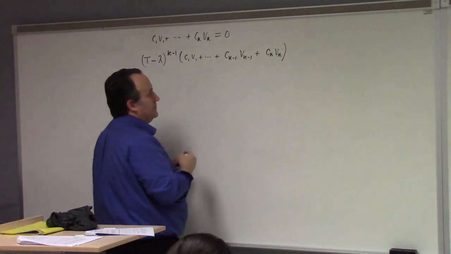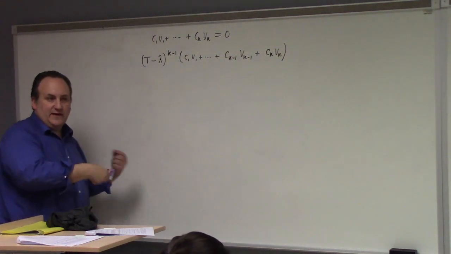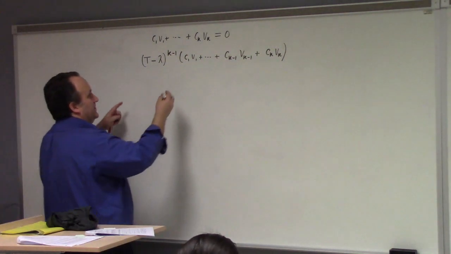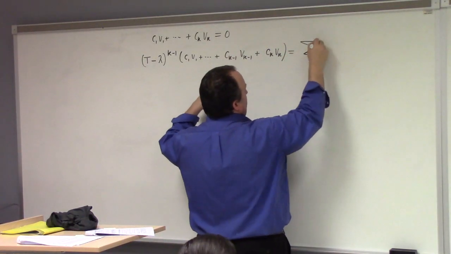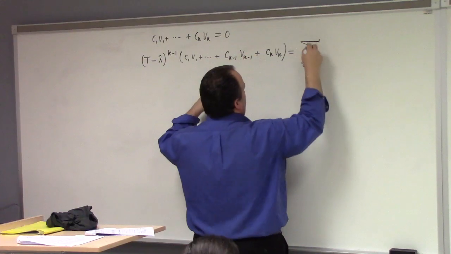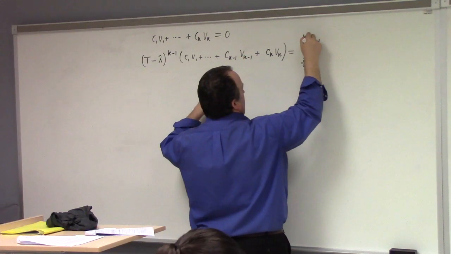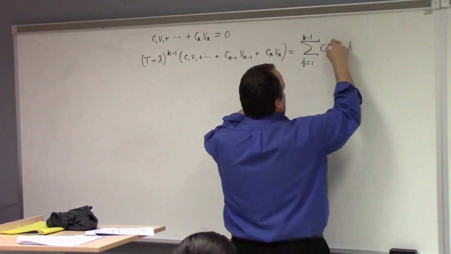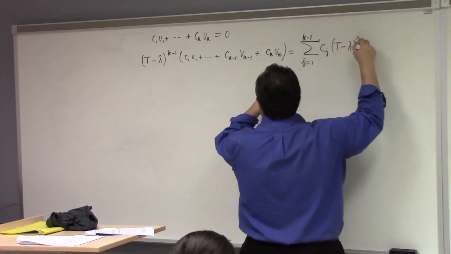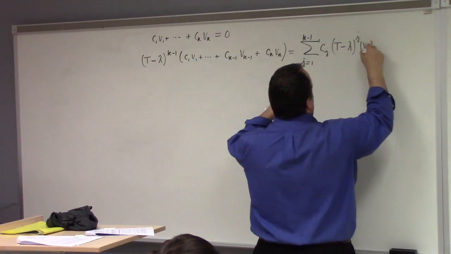But we just got done proving that this is equal to the sum j equals 1 to, let's say, k minus 1 of cj (T minus lambda) to the power k minus 1 acting on vj.